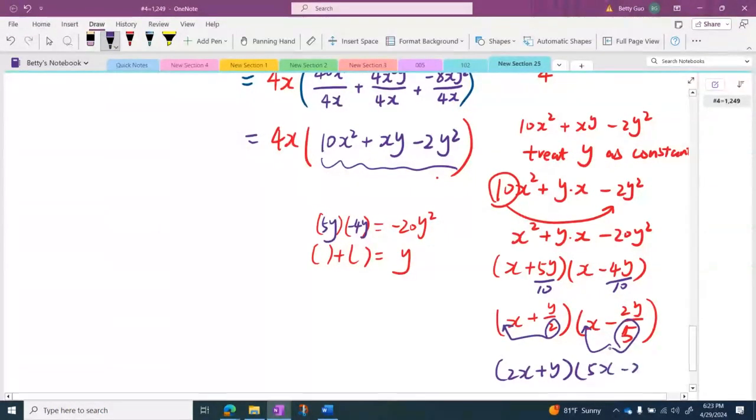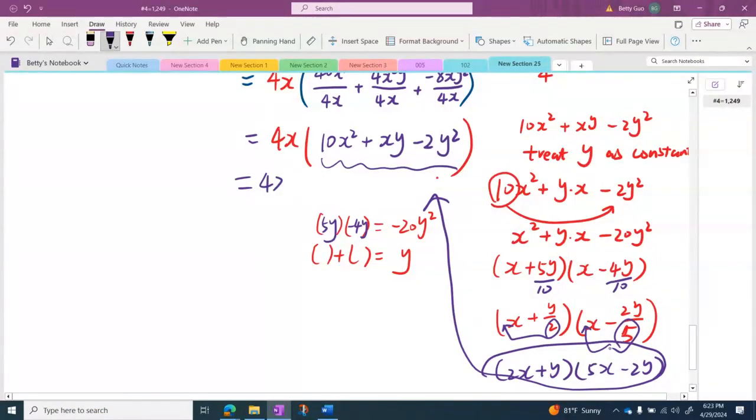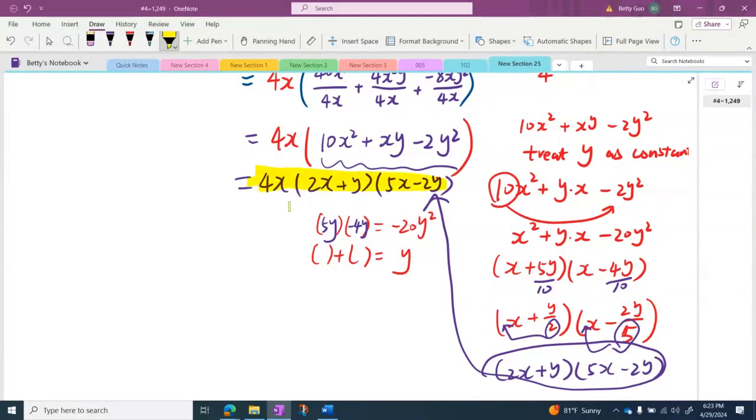And then put it back. Bring this back here. So the answer is going to be 4x times parentheses 2x plus y times 5x minus 2y.